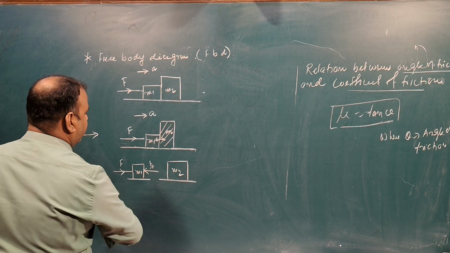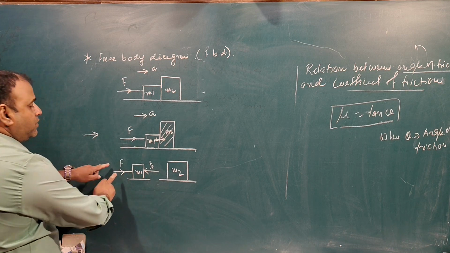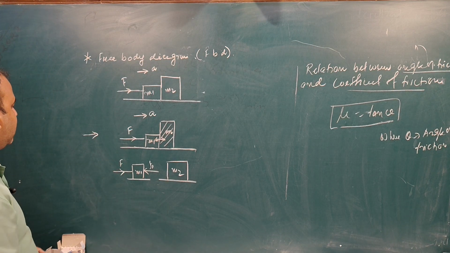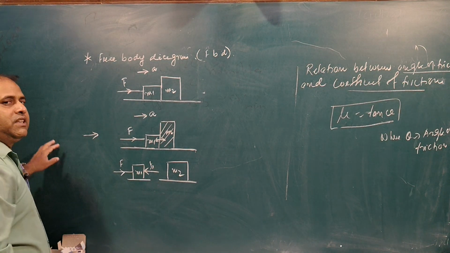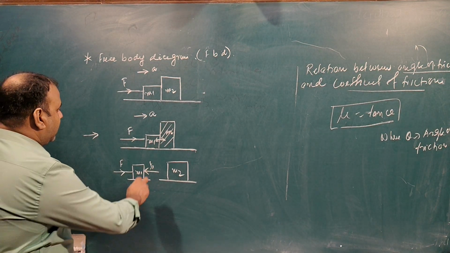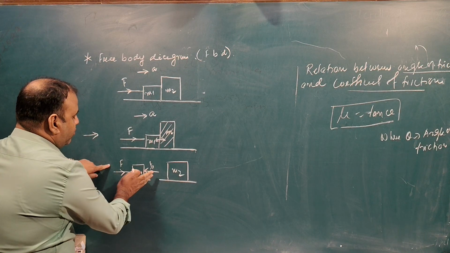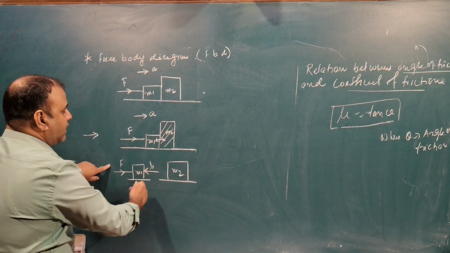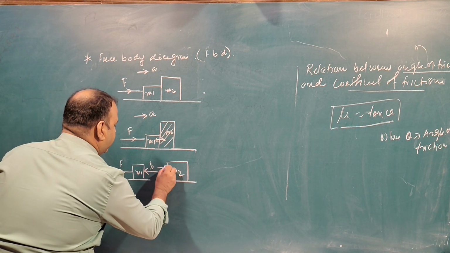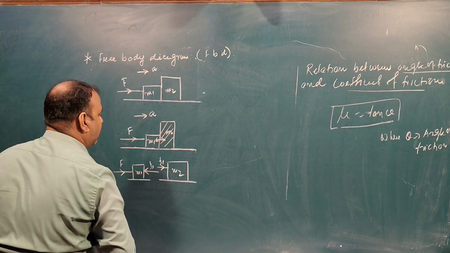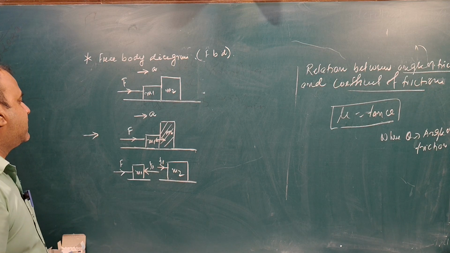If you consider F1, when the force is acting in the forward direction, at the same time an equal force acts in the opposite direction. So this will be the force acting forward, and the opposite direction will be like this, according to Newton's third law. And here the force F1 will be like this.